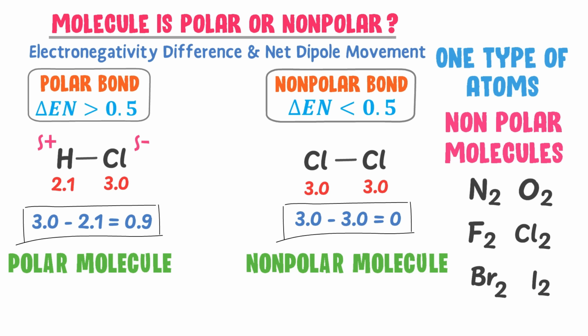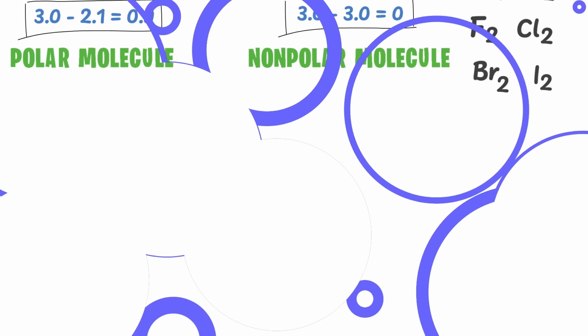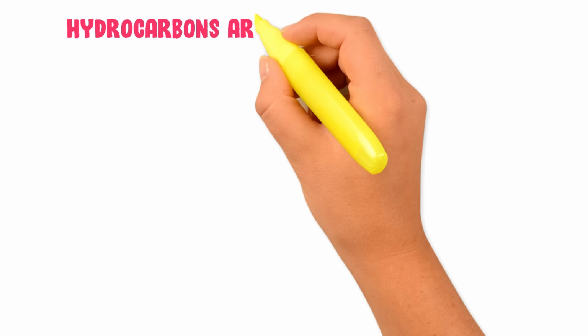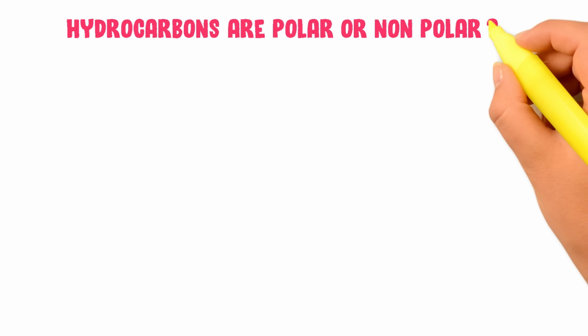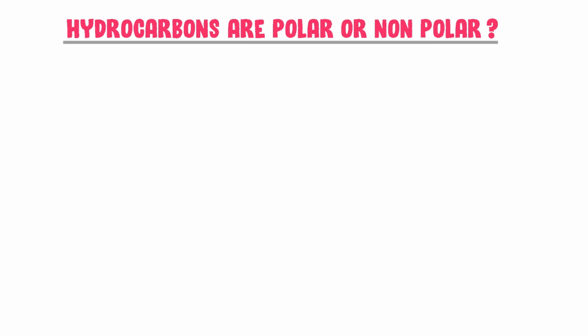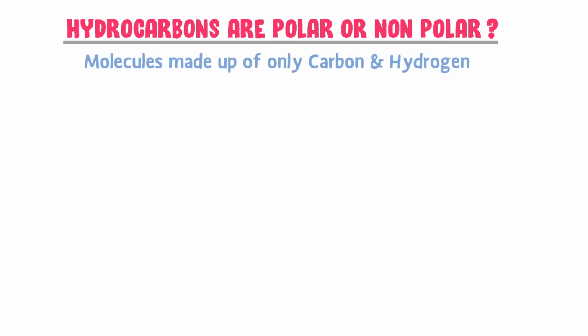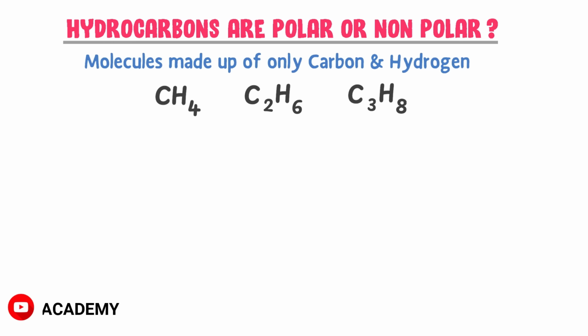Now let me give you some difficult examples of polar and non-polar molecules. Are hydrocarbons polar or non-polar molecules? Well, hydrocarbons mean molecules only made up of carbon and hydrogen atoms, like methane, ethane, propane, etc. Firstly, we check the polarity of carbon and hydrogen bond.